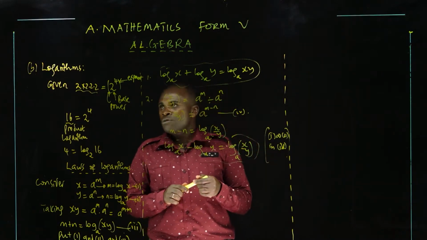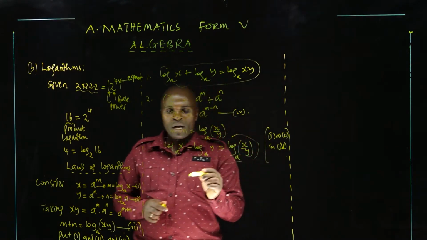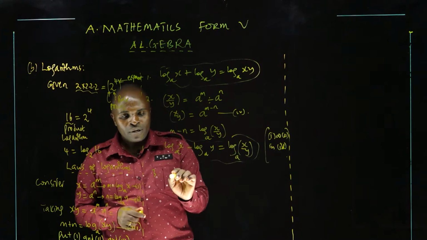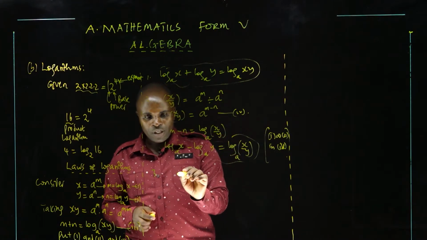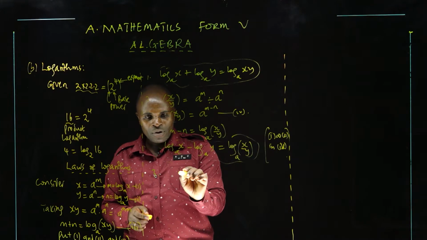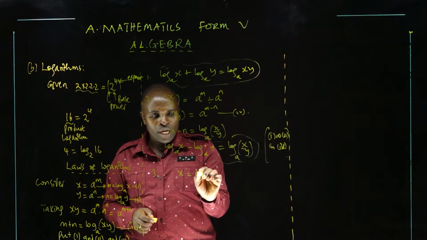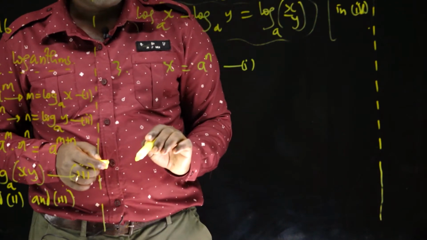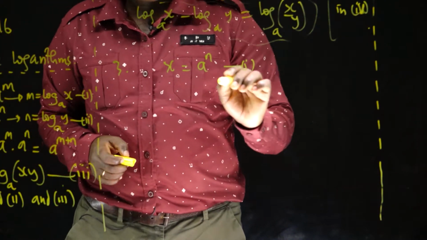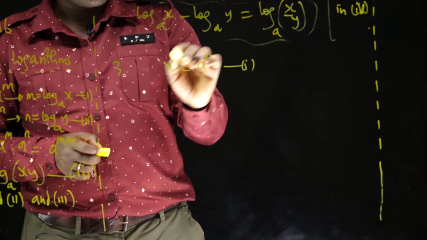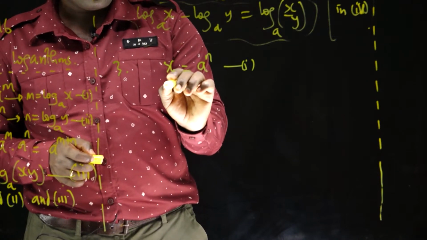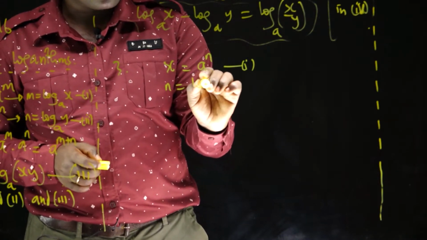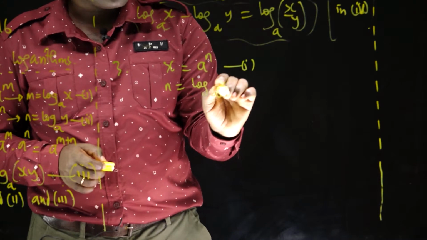Now let us look at another law. We say, when you have x equals a power n, which is equation 1. Suppose you decide to write this in logarithmic form, which is clearly n equals logarithm of x base a.